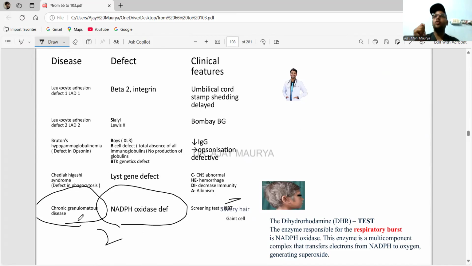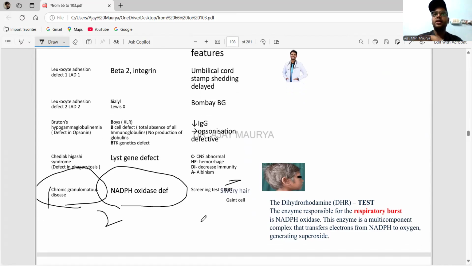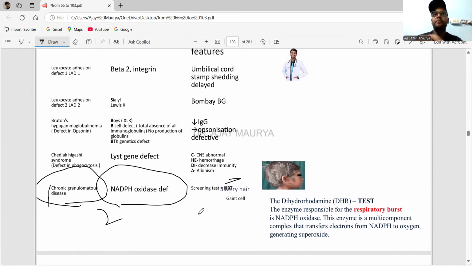It means you have to know they are asking about chronic granulomatous disease. They will also ask which enzyme is responsible for the respiratory burst. It is NADPH oxidase.